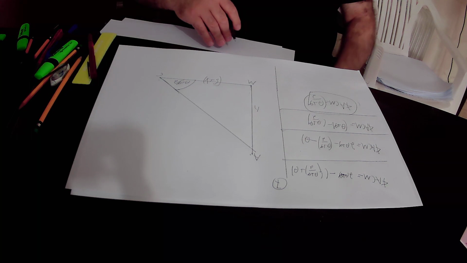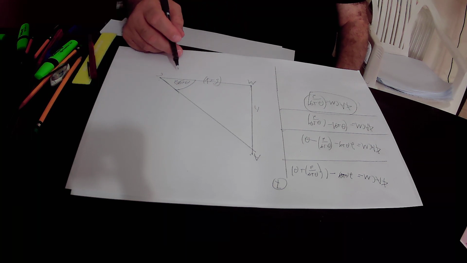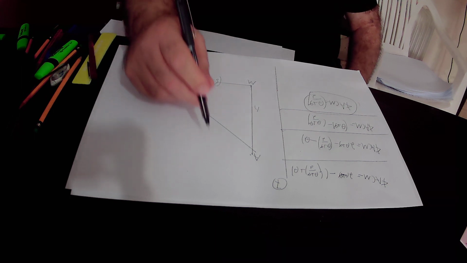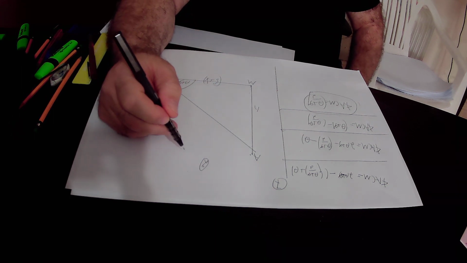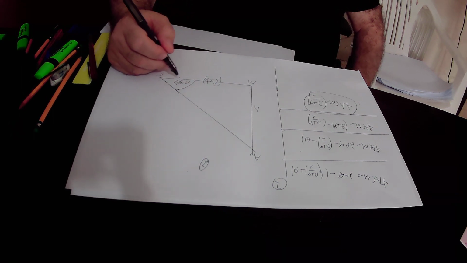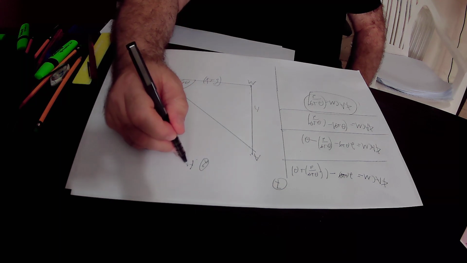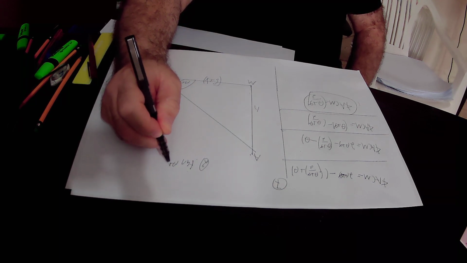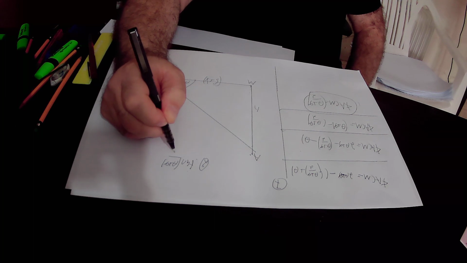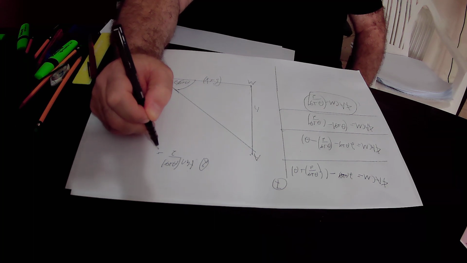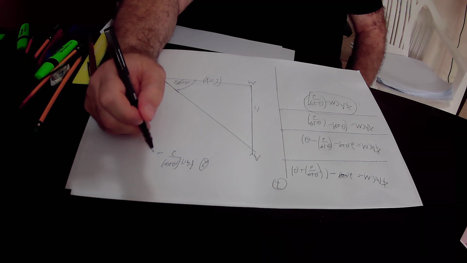So here we will get that tangent theta plus alpha over 2, according to equation number 2, will be equal to AM over MC.